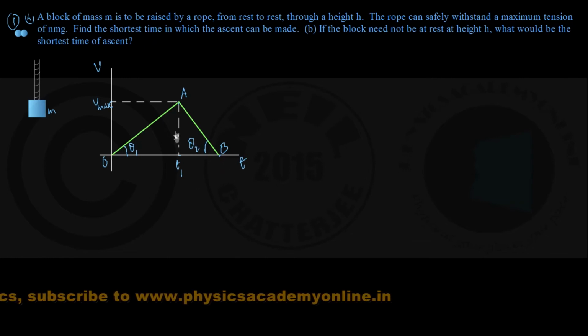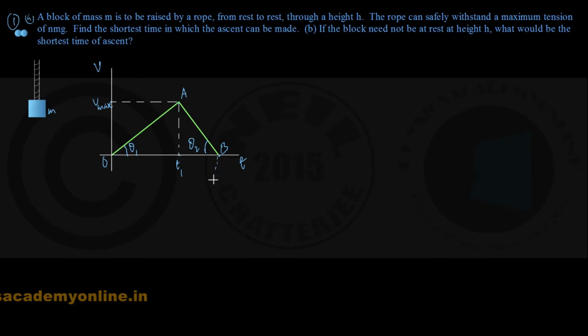If the time of the decelerated journey from A to B is taken to be t2, then this total time t is equal to t1 plus t2. Once again, over the part AB, the block is rising under the force of gravity alone.